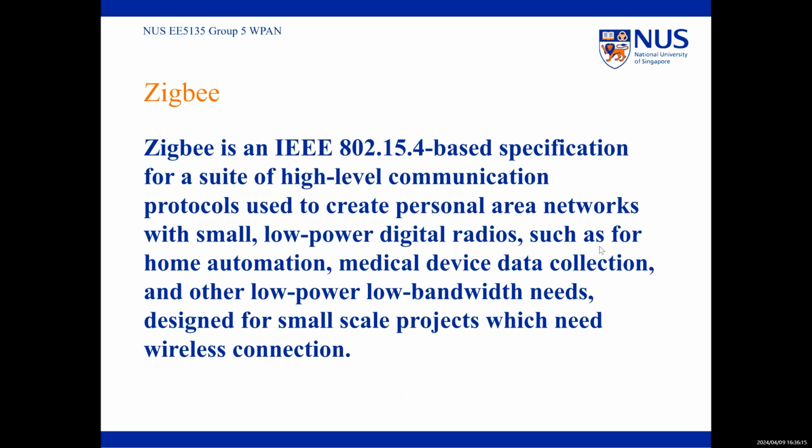ZigBee is an IEEE 802.15.4 based specification for a suite of high-level communication protocols used to create personal area networks with small, low-power digital radios, such as for home automation, medical devices, data collection, and other low-power, low-bandwidth needs. It can be designed for many small-scale projects which need wireless connection.